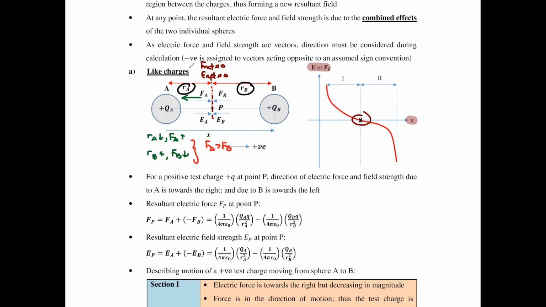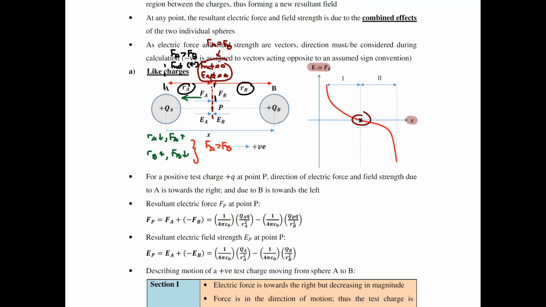So if you move towards the left hand side here, your net force is actually going to be towards the left hand side because FA is more than FB. At this point here, FA was equal to FB. That's why your Fnet is 0.